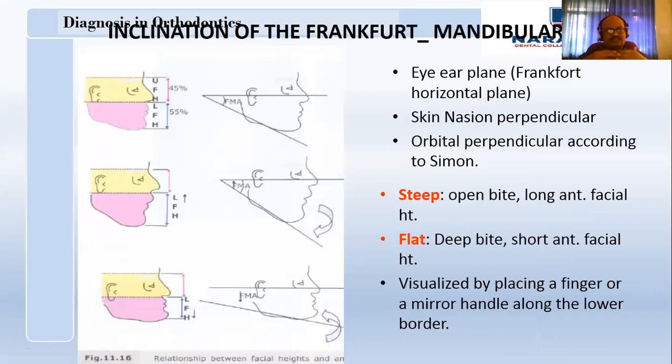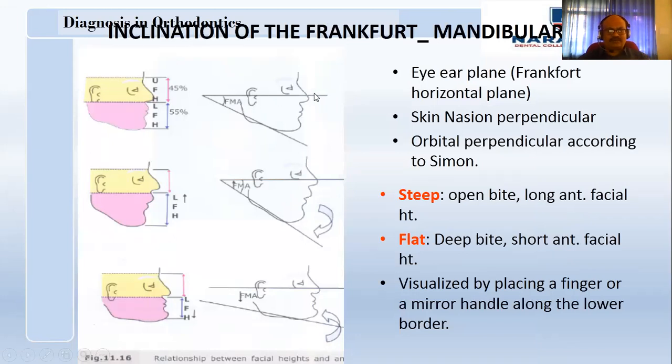So this is called the relationship between the Frankfurt horizontal plane and the mandibular plane. What is the Frankfurt horizontal plane? We know that the Frankfurt horizontal plane is drawn from the lowermost point of the orbit to the uppermost point of the external auditory meatus, the porion.